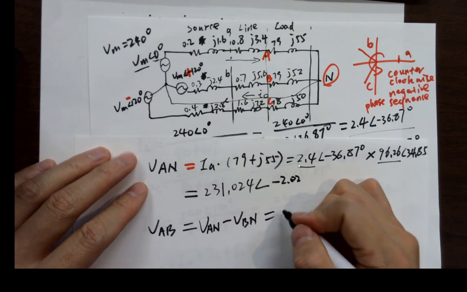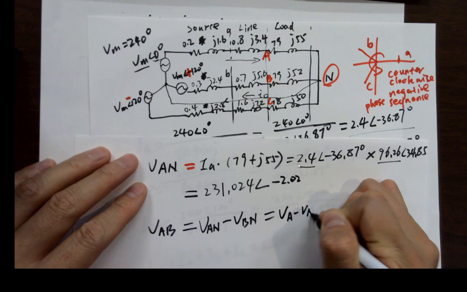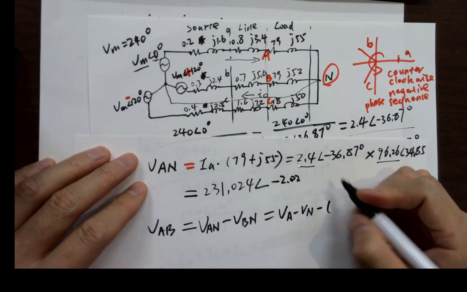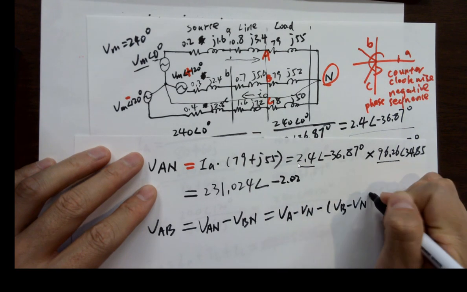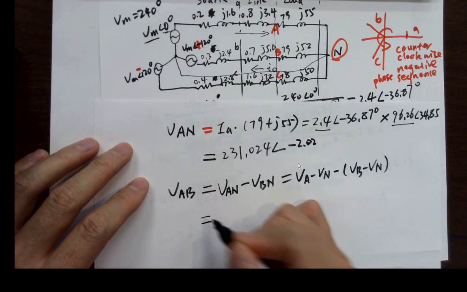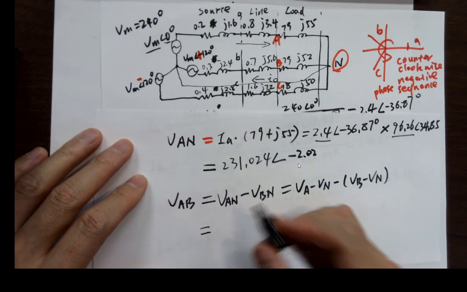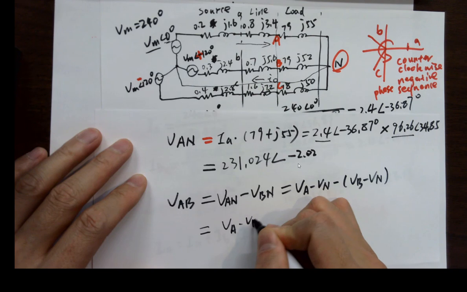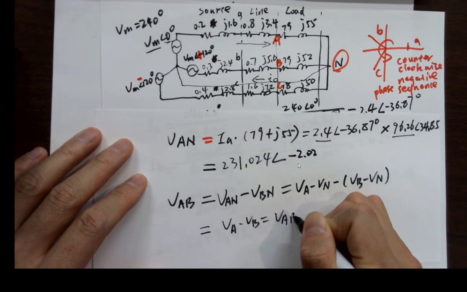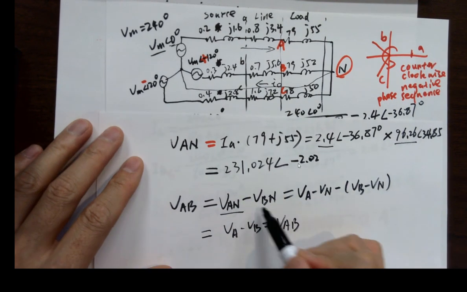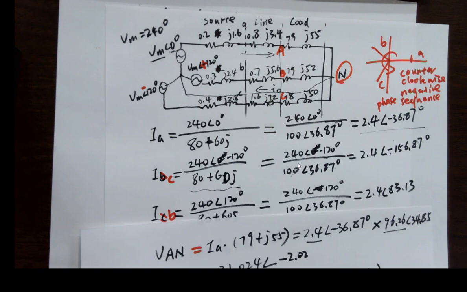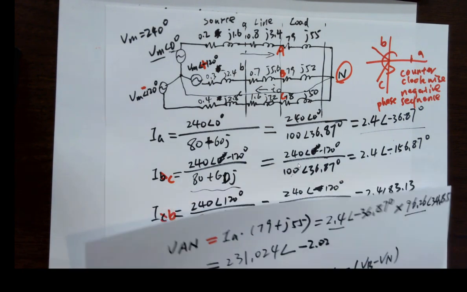Why? Because VAN is VA minus VN, and VBN is VB minus VN, right? So this becomes eventually VA minus VB, which is VAB, right? So you definitely need to find out VAN, VBN. VAN has been calculated.